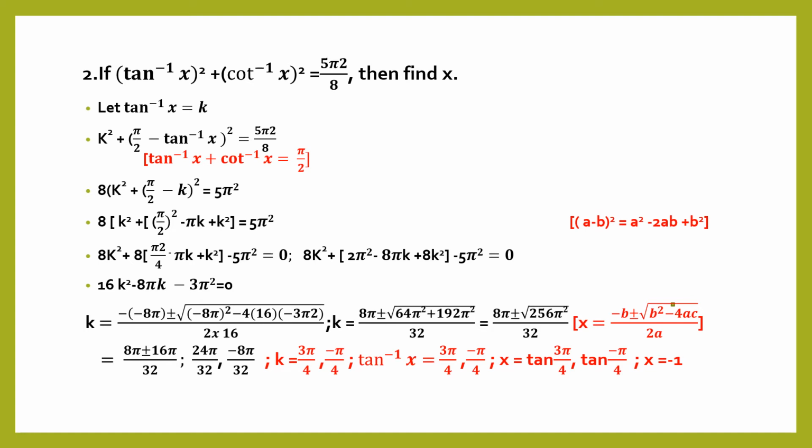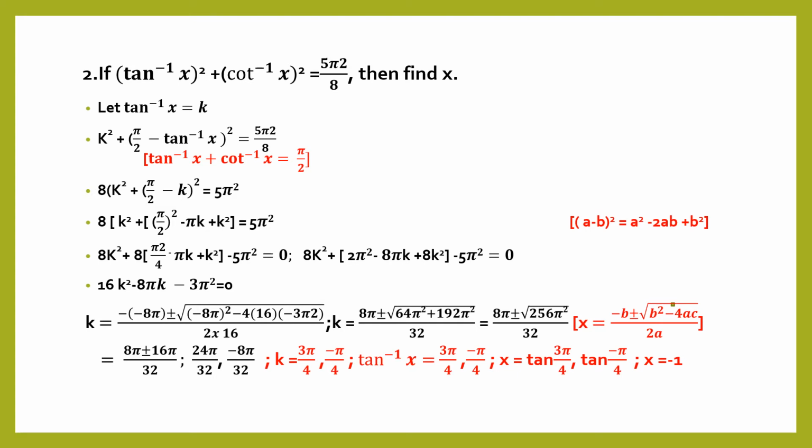Now we can expand (pi by 2 minus k) the whole square using the identity (a minus b) the whole square, that is a square minus 2ab plus b square. So here it will be (pi by 2) the whole square minus 2 into pi by 2 into k. So the 2 cancels, you will get minus pi k plus k square equal to 5 pi square.